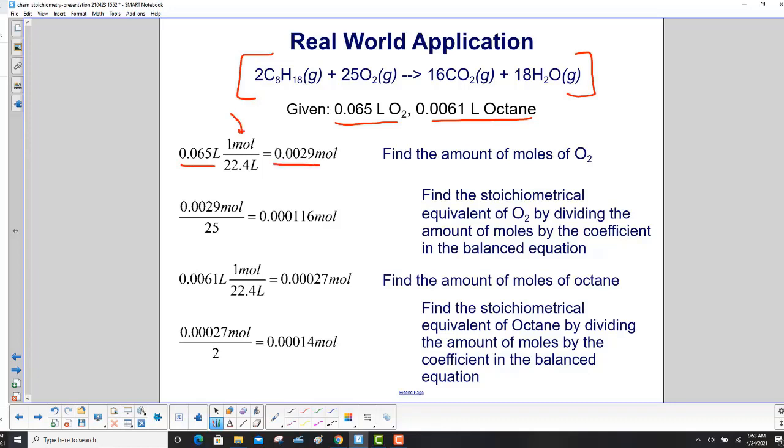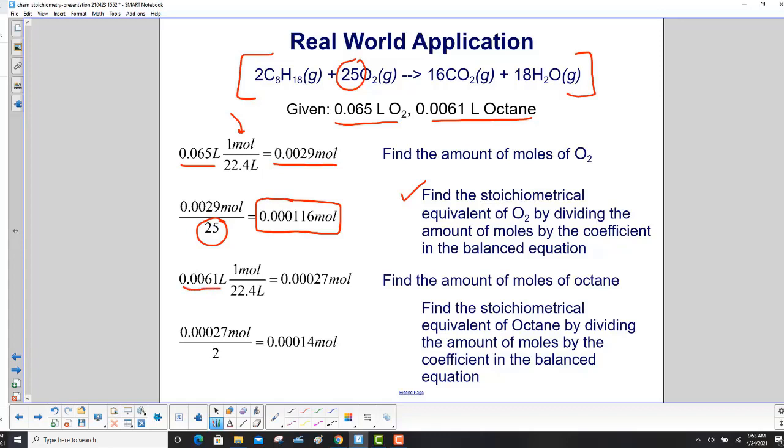So we have 0.0029 moles of oxygen. Then find the stoichiometric equivalent of oxygen by dividing the amount of moles by the coefficient in the balanced equation. Here we have a 25 in front of oxygen, so we divide the number of moles by that, and we get 0.000116 moles of oxygen.